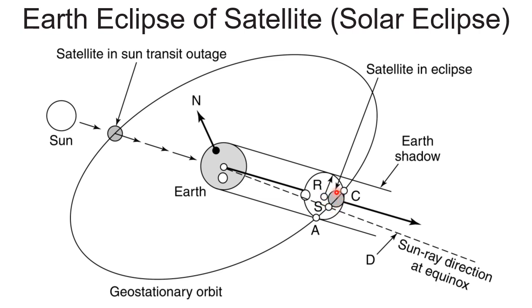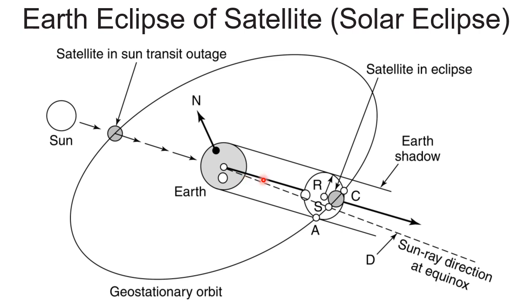It starts to enter the shadow region at point A, is fully inside at point B, and starts to move out at point C. So between A and C, the satellite is within the shadow region of the Earth.